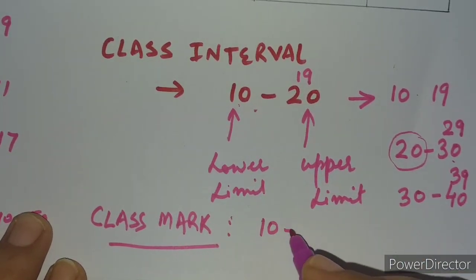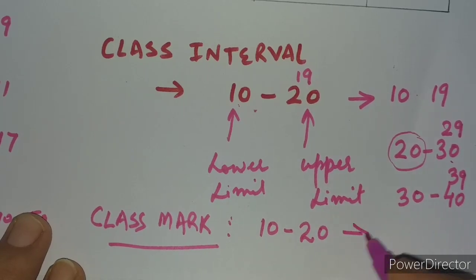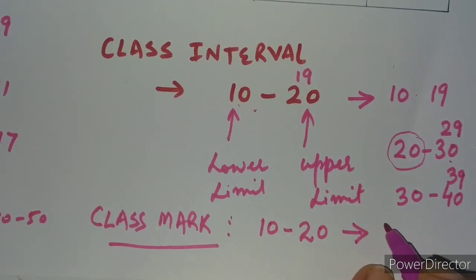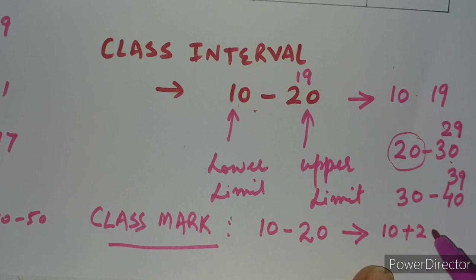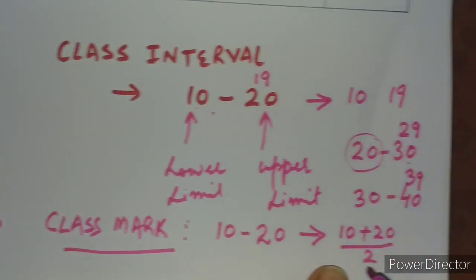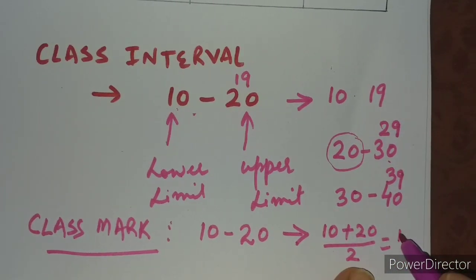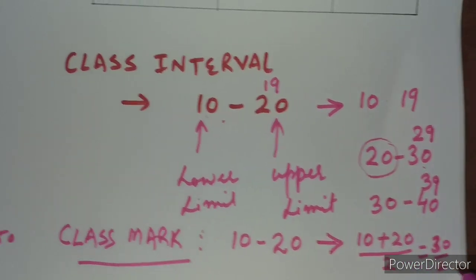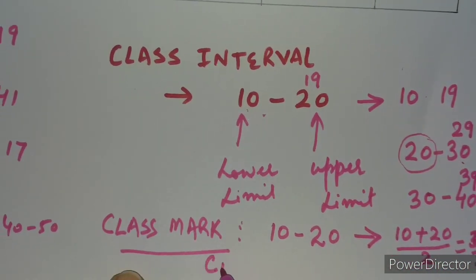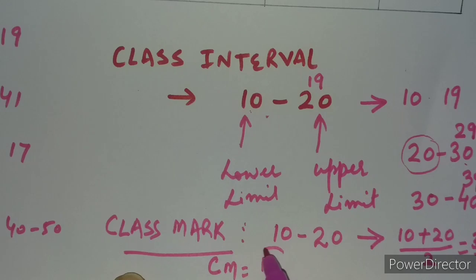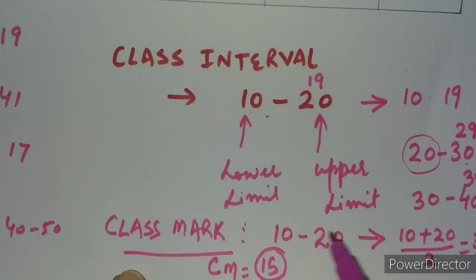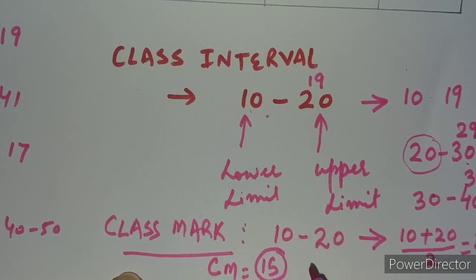If I have to calculate the class mark of the class interval from 10 to 20, it will be simply the average or the mean, 10 plus 20 divided by 2. So it will be 30 divided by 2, which means the class mark in that case will become 15. So what is 15? 15 is the mid value of 10 to 20. This is called the class mark. It can be called the mid value also.